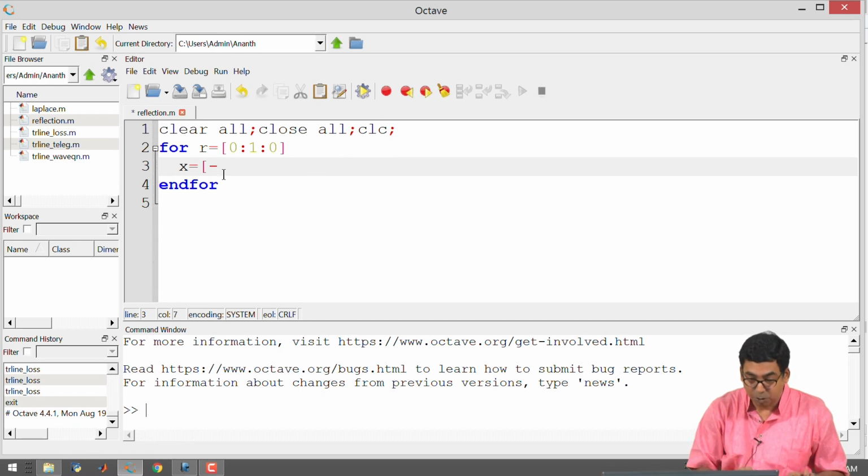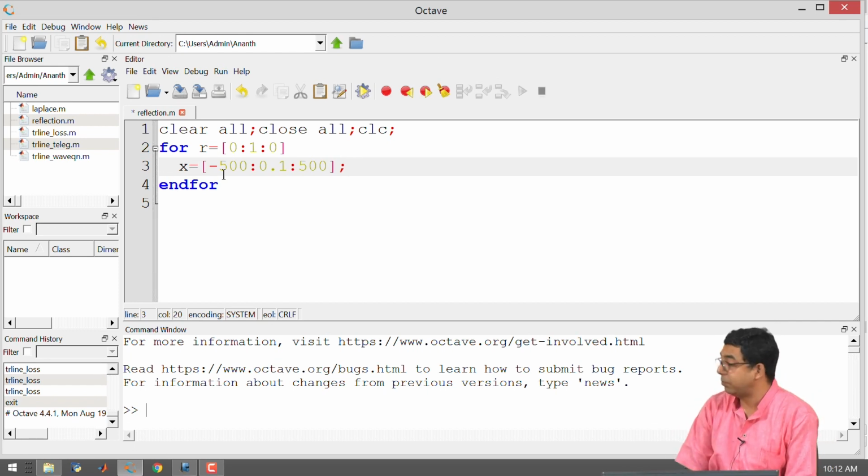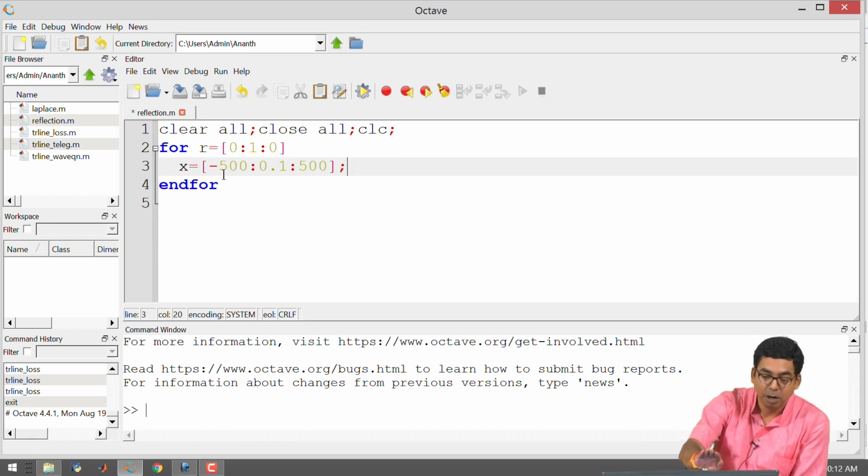So, I am going to go from minus 500, just pick a number, you could pick 50, you could pick 5000. I will show the consequence of using all of them in a second. So, I am going to have the normalized reactance going from minus 500 to 500, but my R value is going to be fixed at 0.